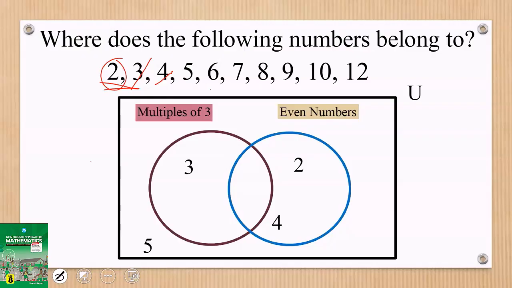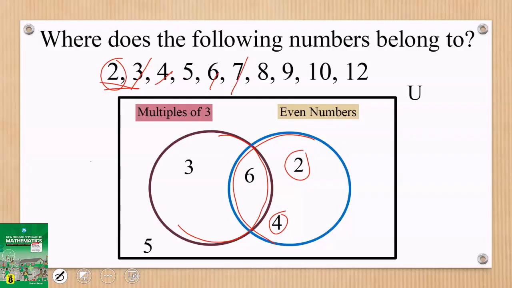Then 6 is a multiple of 3, and at the same time an even number, so I can put 6 in between. That means it is part of multiples of 3, and at the same time part of even numbers. But with the 2 and 4, they are only, you see the word only, even numbers.